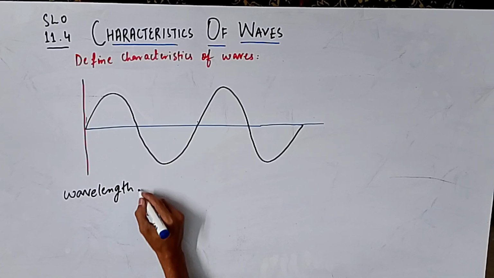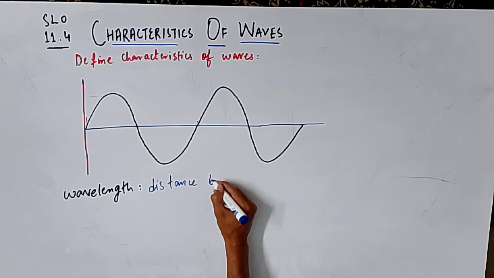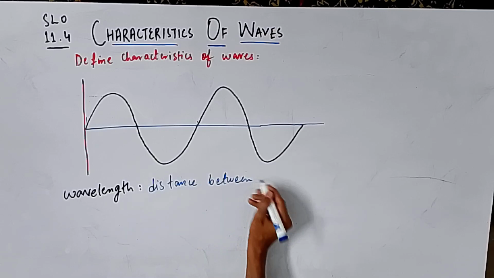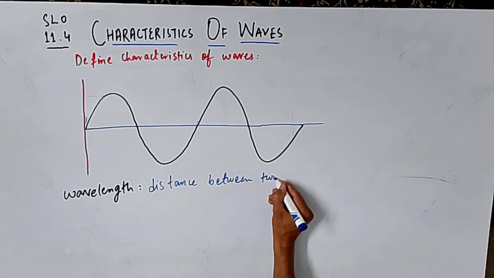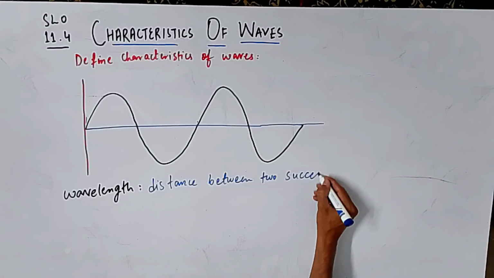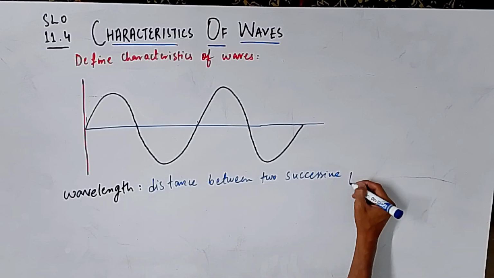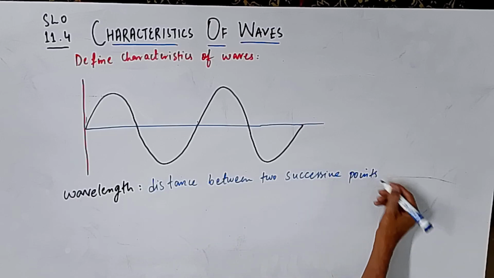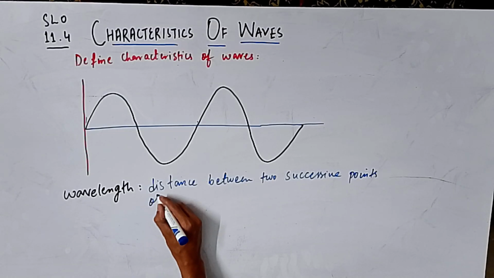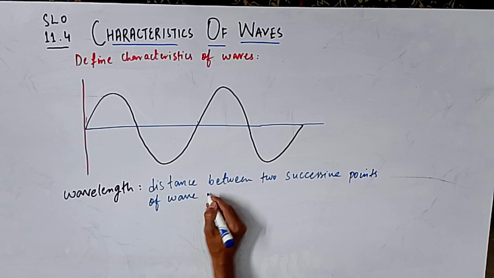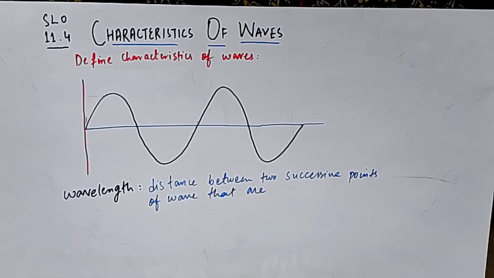The distance between two successive points, successive means one after another, successive points of a wave that are in the same phase.